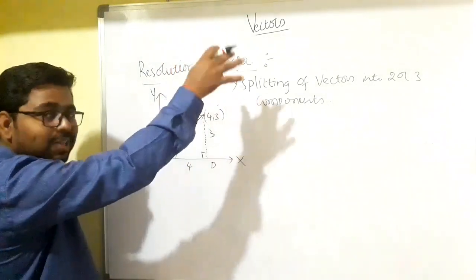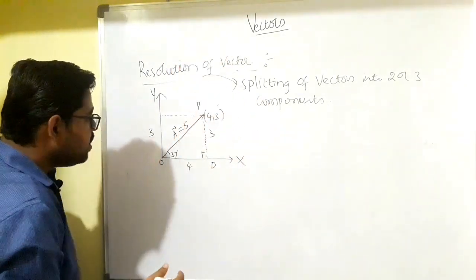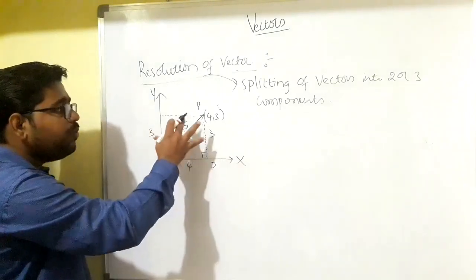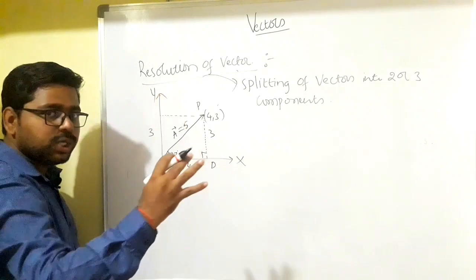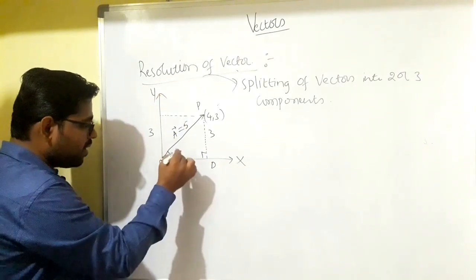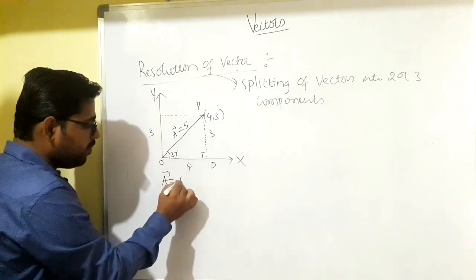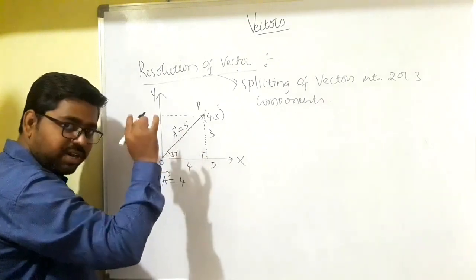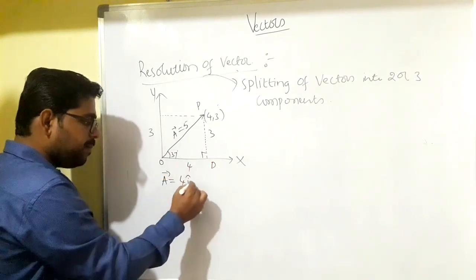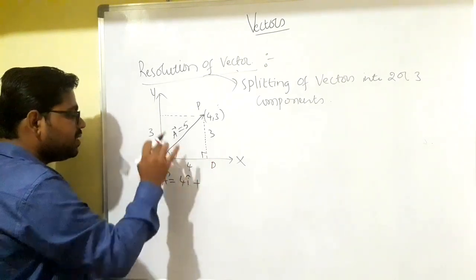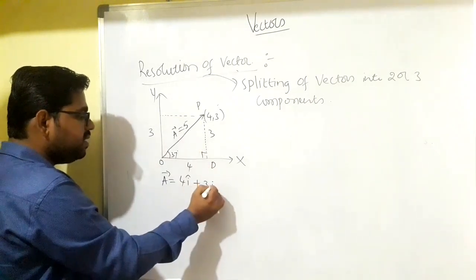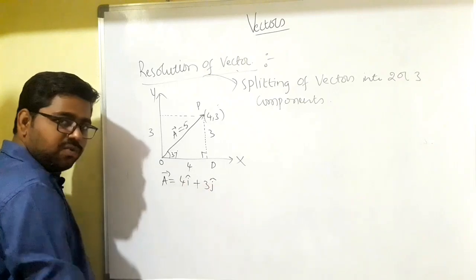Now how do we resolve this? How do we represent it in equation form? A vector is equal to 4 along the x-axis, and the unit vector along the x-axis we take as i cap, so 4 i cap, plus the unit vector along the y-axis, which is j cap, 3 j cap.